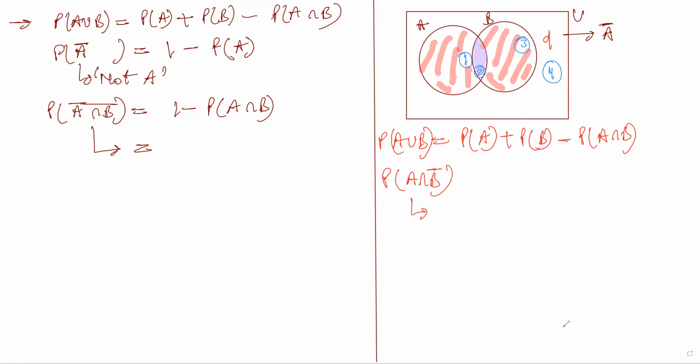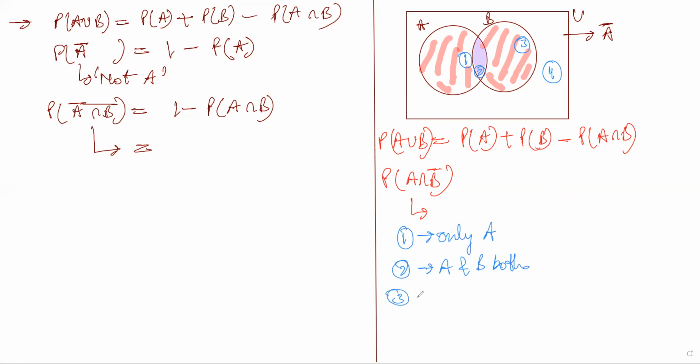So I can call the first portion only A, because this is the portion which only represents A and not B. Total A will represent some of the portion of B as well. But if I talk about the first portion, that only represents A. Second can be known as A and B both.